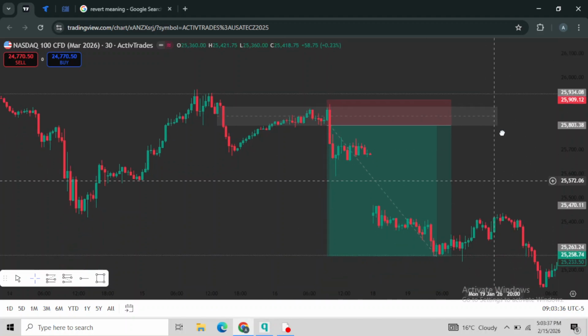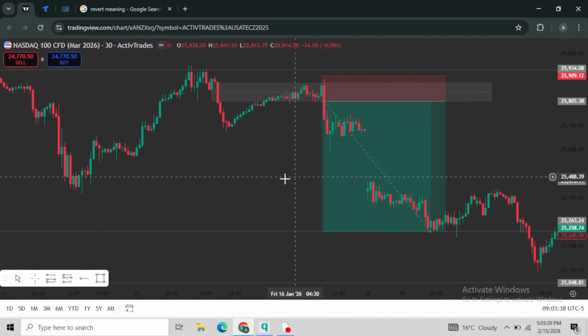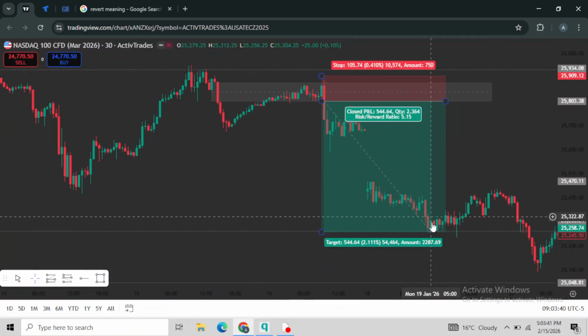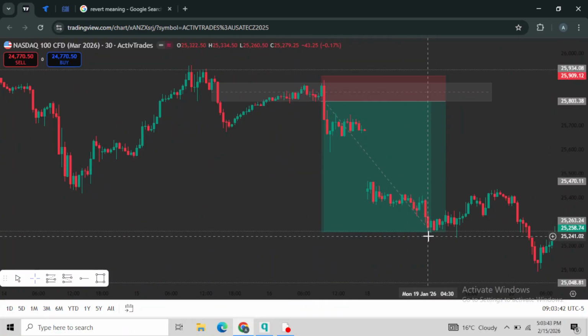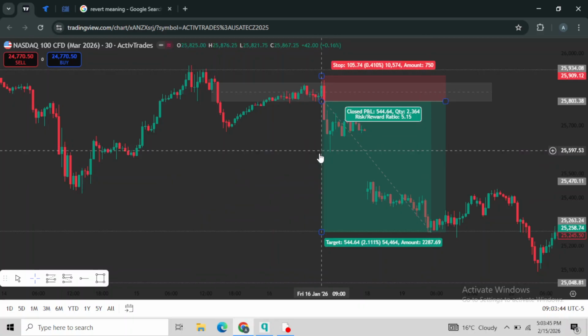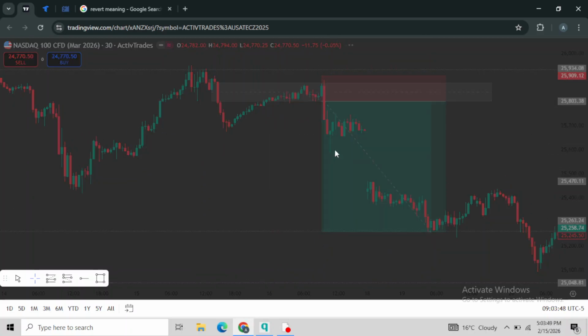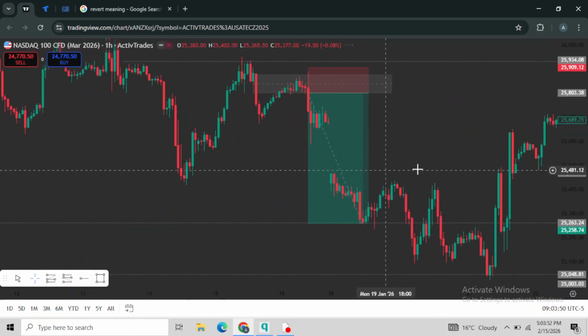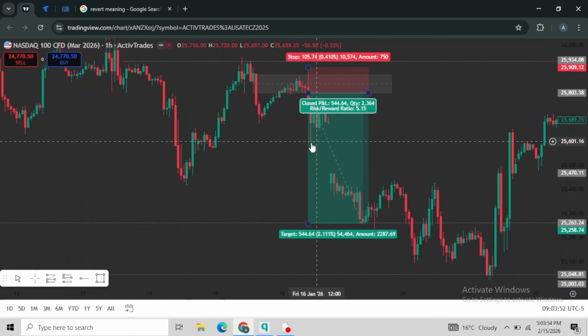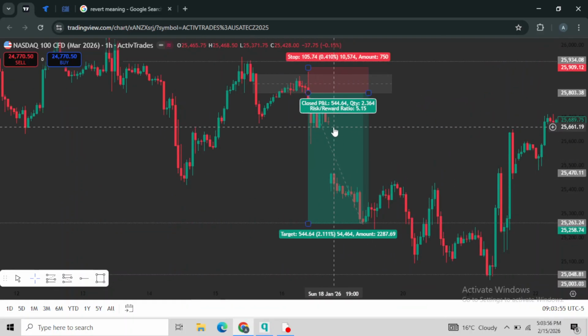And on this trade, the trade could have been finished on the Monday of the next week. Before this was on a Friday. Price came, swept this. Let's go to the 1 hour and witness what I'm talking about. So this was on a Friday. Price closed here.